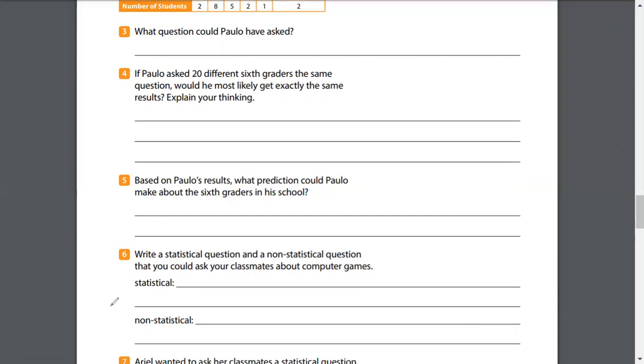Purple. For the whole class. Yeah, but everybody's going to give a different answer. Right. So which one is a statistical question? What is your favorite color? Right. Yes, that's how he got it. I'm just kidding.